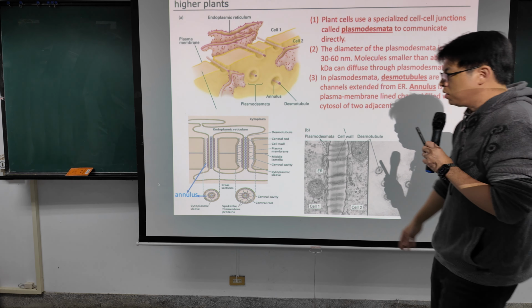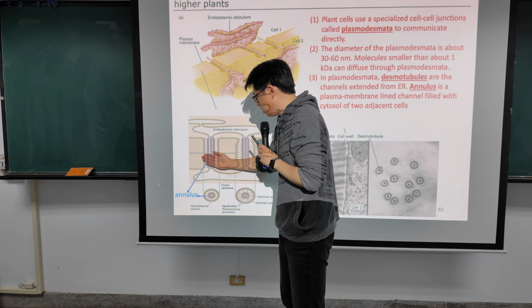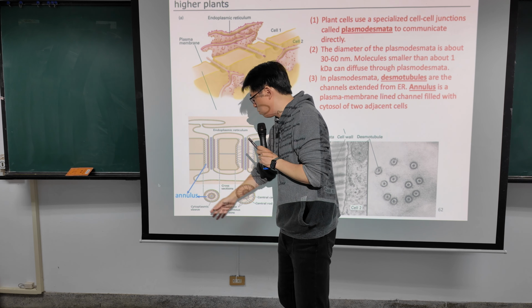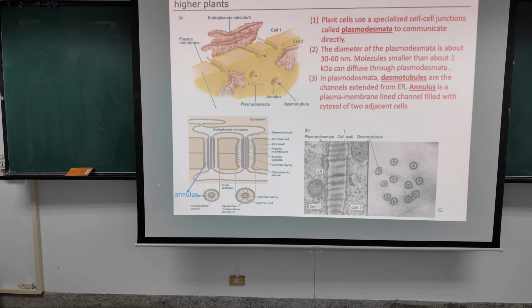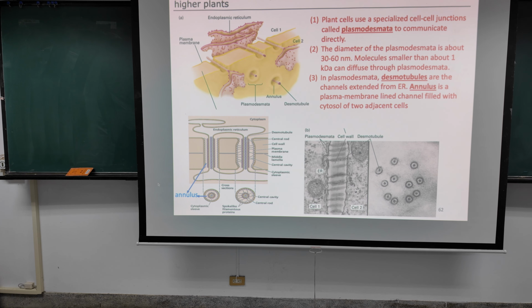We call the space here the annulus. So basically, the plant cells don't have a strong identity because they share the same cytosol environment and the same lumen of the ER. So this cell and the neighboring cell don't have a strong identity.